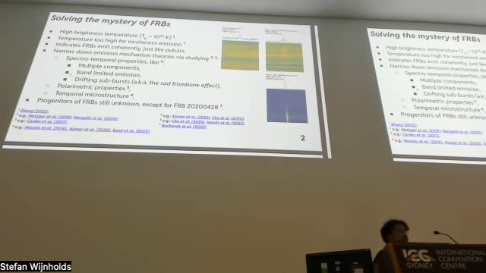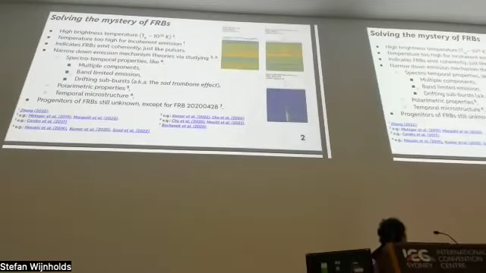That kind of effect they show in their spectra. They also show lots of very fine polarimetric and temporal microstructures. And progenitors of FRBs are still not known, except for one, a recent detection from a galactic magnetar.